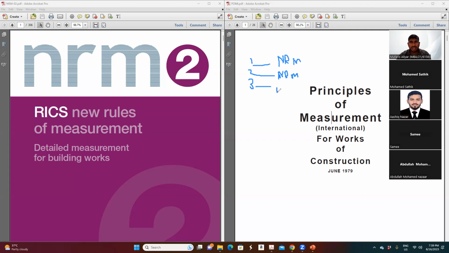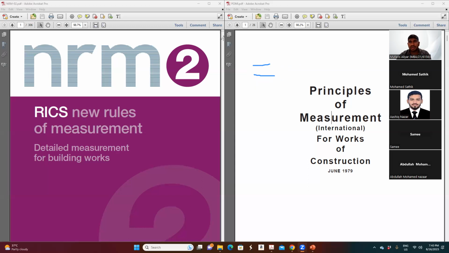Can anybody tell me that? Tell the panel here what is NRM 1, what is NRM 2, what is NRM 3? Because you may get confused why this is number 2. Anybody remember that? What is the purpose of this NRM 1, NRM 2, NRM 3? Now I just opened NRM 2. By itself, you may understand what is the purpose of it.